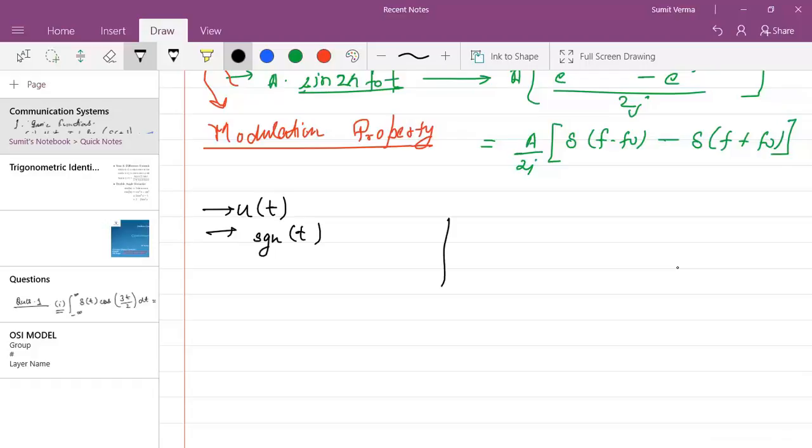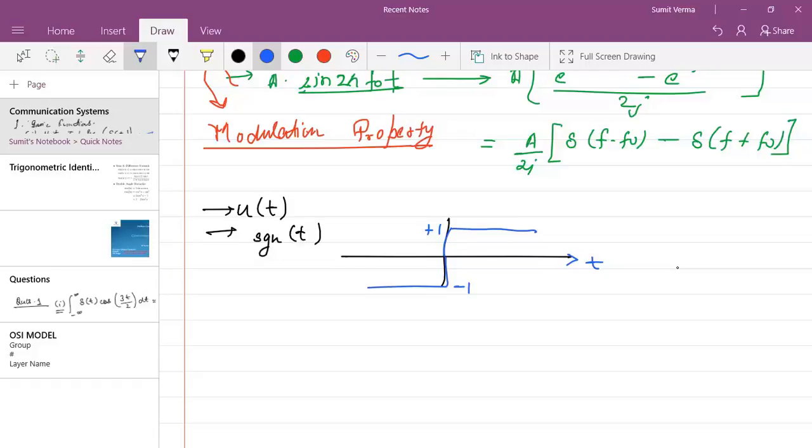Signum of t you can define like this. You have the time axis, and it takes a value plus 1 for t greater than 0 and a value minus 1 for t less than 0. So it is basically two unit step functions.